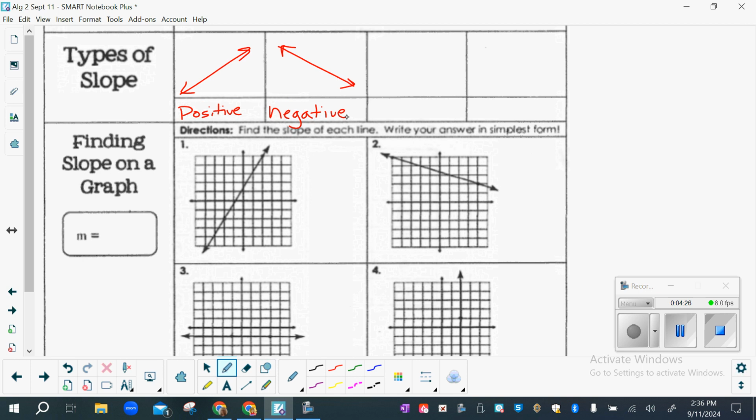And then what's another type? Zero, which looks like this. It's flat. So the guy in the video was going up bleachers and down bleachers. When he got to a zero slope, he had nowhere to go, just looking at his watch. And then there's undefined, which looks like this.